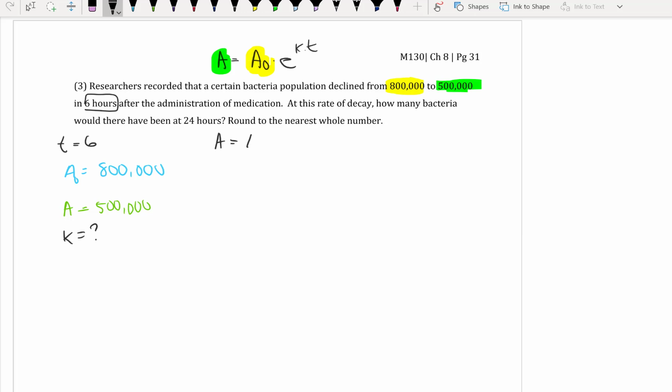So I have A is equal to my A naught times e to the k times t. So my A value that I'm plugging in is going to be 500,000 is equal to the initial amount of 800,000 times e to the k, that's what I'm trying to figure out, and my time here is 6. So of course I can go ahead and divide by that 800,000.